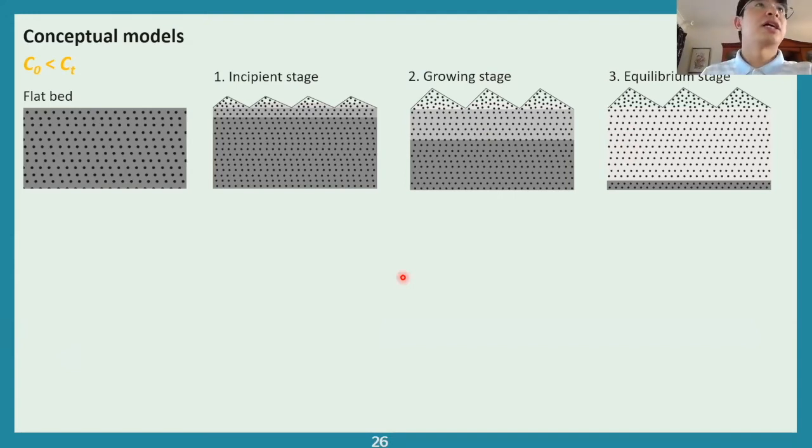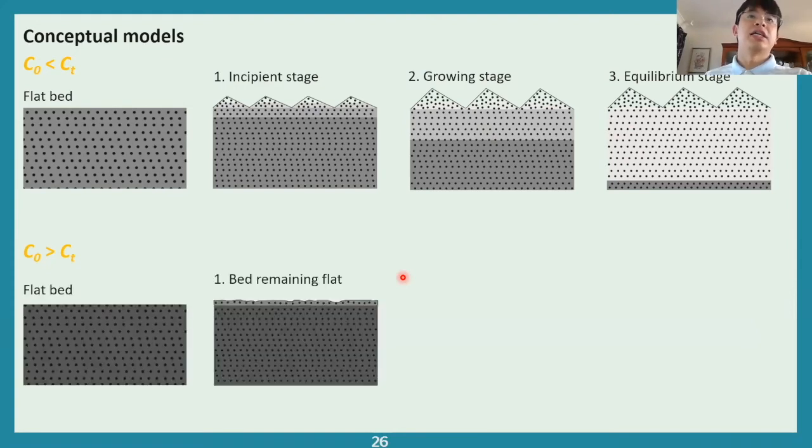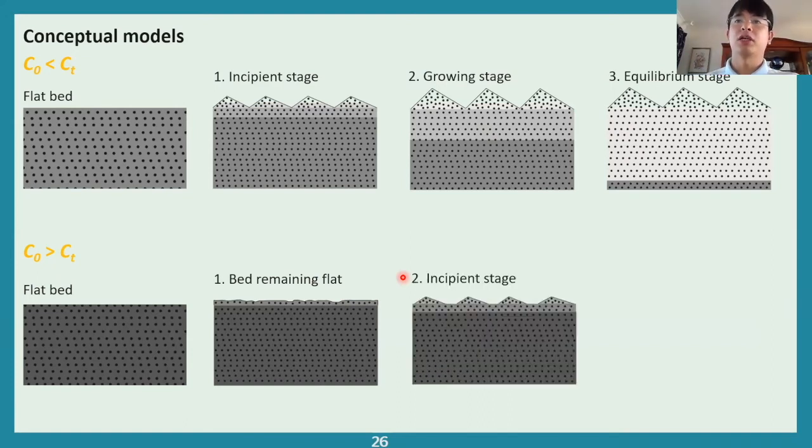And if the initial clay content is higher than the threshold, the bed has very high cohesion, which can resist flow erosion. So the bed can remain flat for a long period. Once the ripples form in the incipient stage, these ripples still keep quite low clay content.